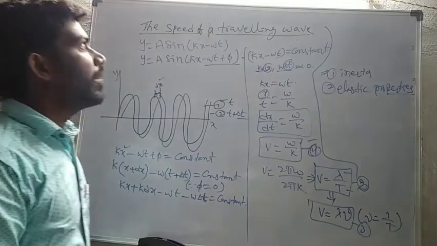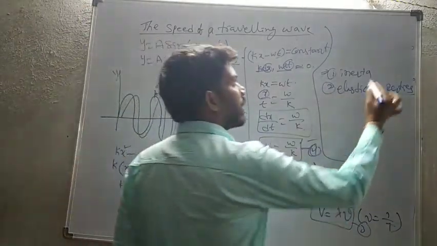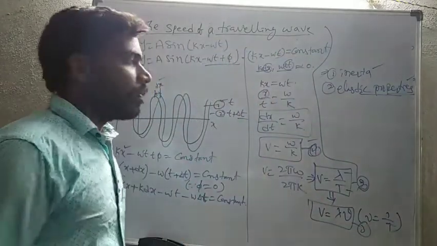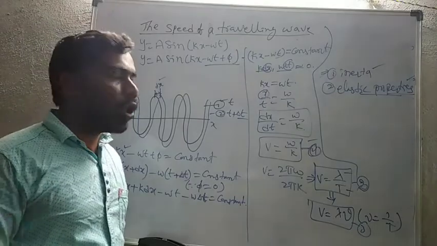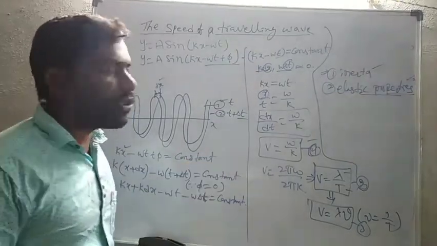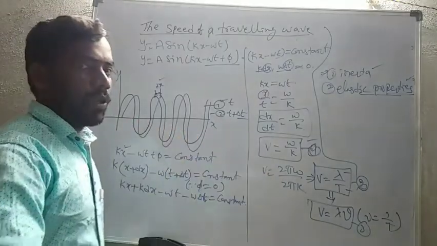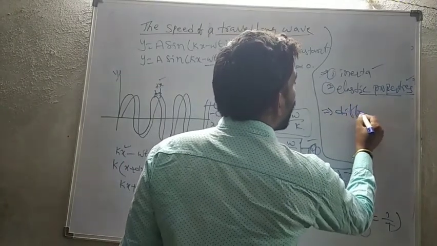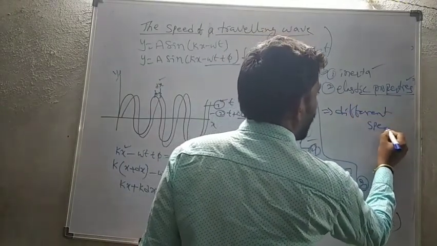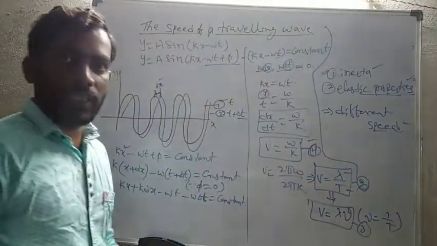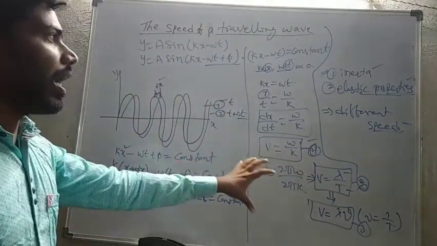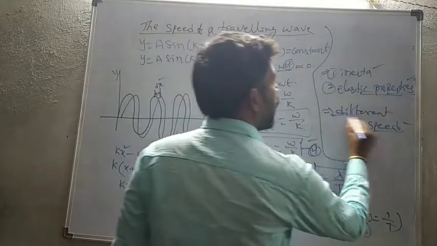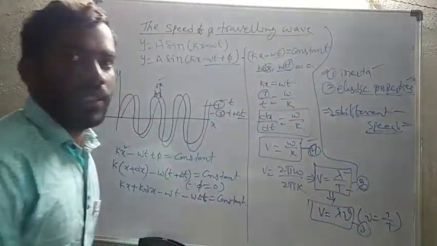The same medium allows a longitudinal wave and a transverse wave to travel at the same time, but these two waves have different speeds. Remember that the same medium allows both at the same time, but with different speeds. This is this class.